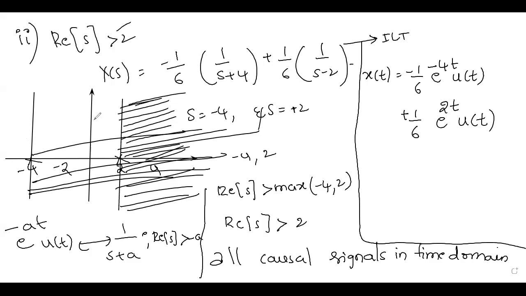In this case there is a common ROC, greater than 2. So that's why common ROC will be there. If both are selected as causal signals, this is the corresponding time domain function. Clear? Shall I go for third case? Still, do you need any explanation over here? Okay.